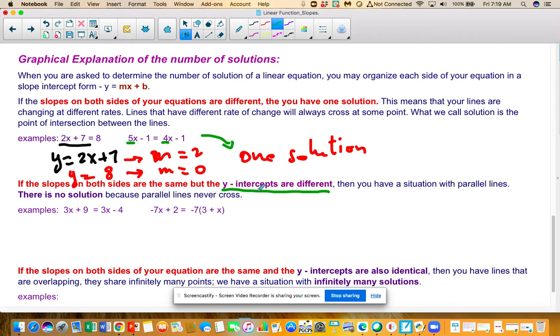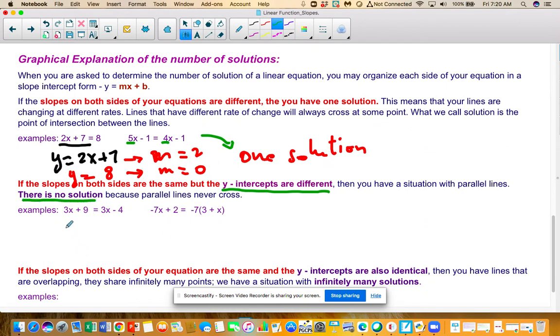That's what explains the slope being the same. But if they don't have the same y-intercept, that means the lines are distinct. They are different, right? That means those lines will never cross. Hence, we do not have a solution, right? Same slope, different y-intercept, no solution.